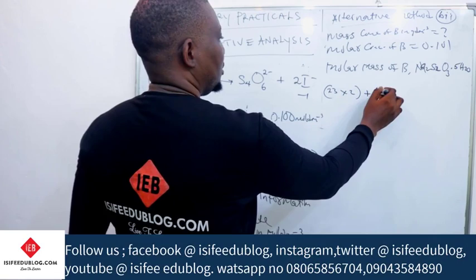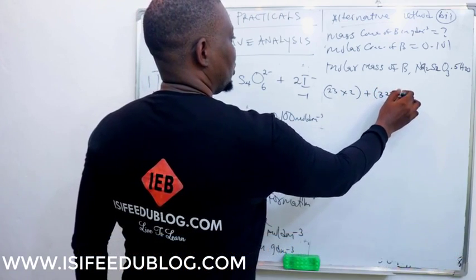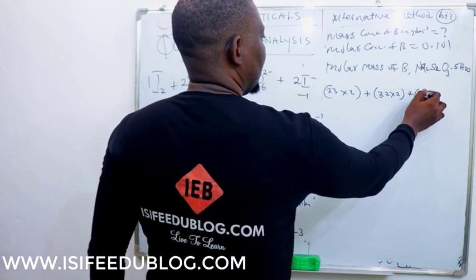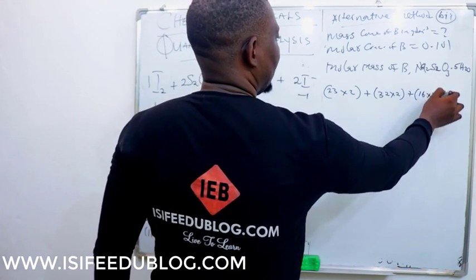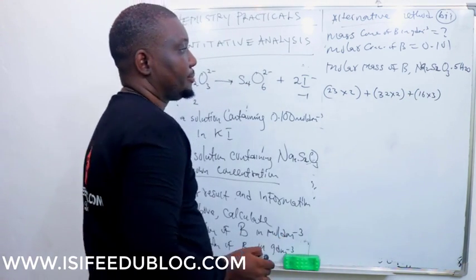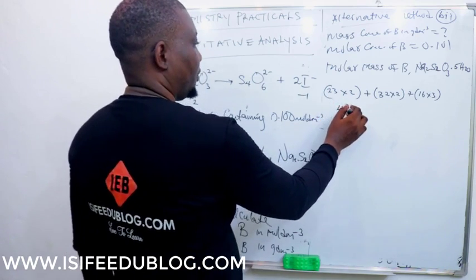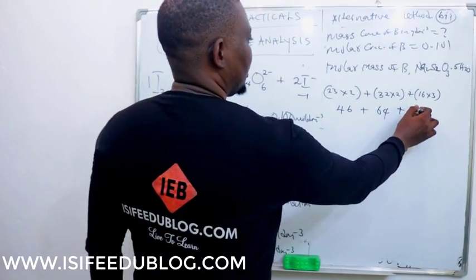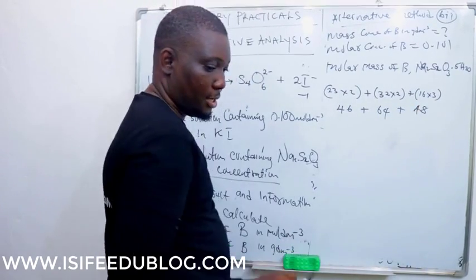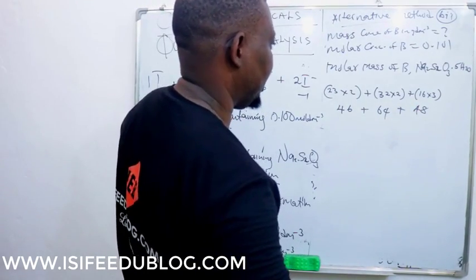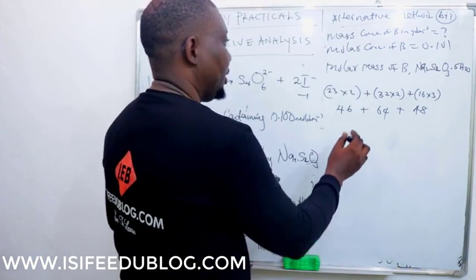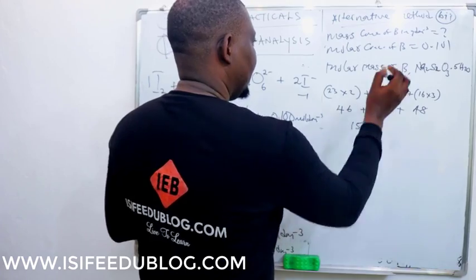plus 32 times 2 plus 16 times 3. Then we have 46 plus 64 plus 48. Let's see the addition of this immediately. That gave me 158.